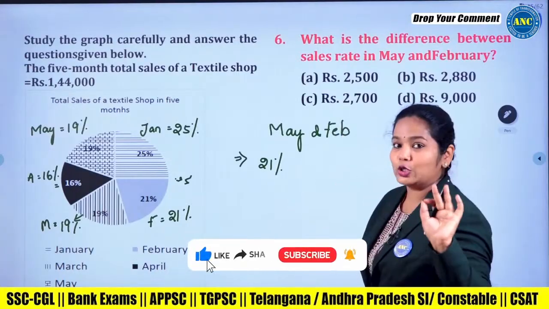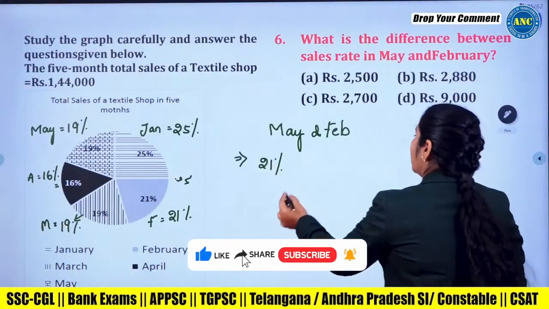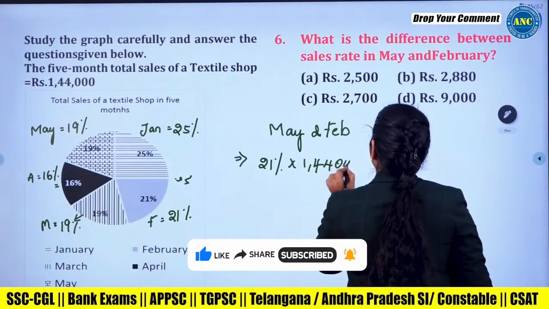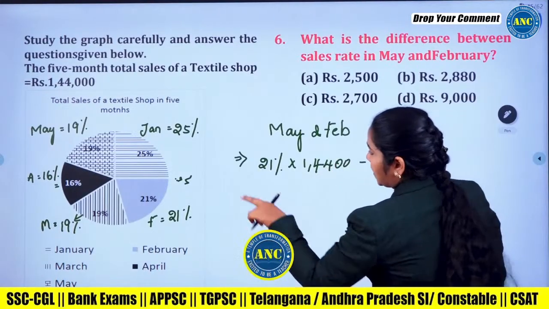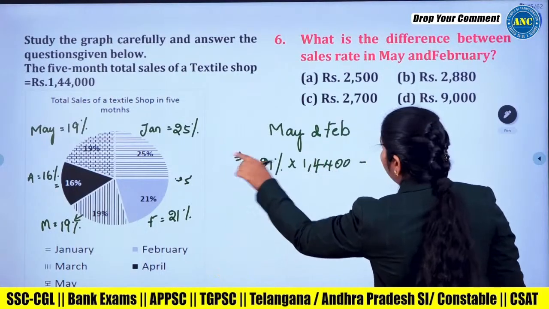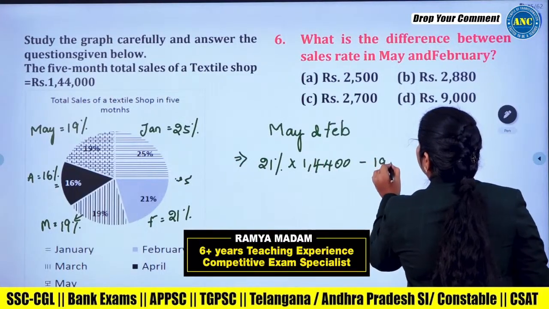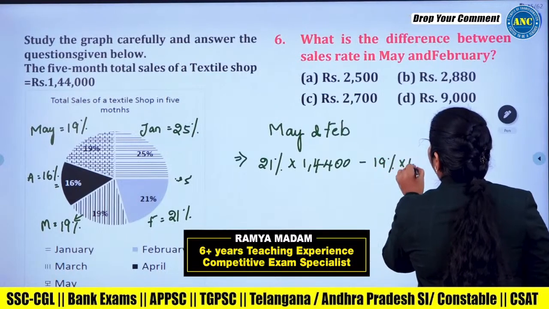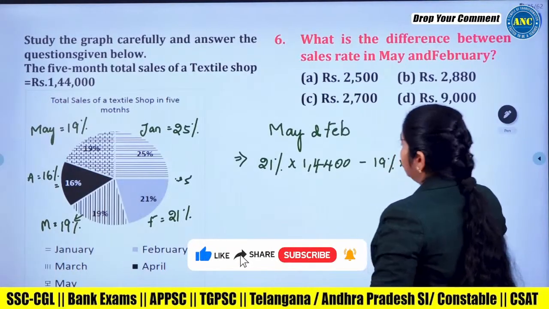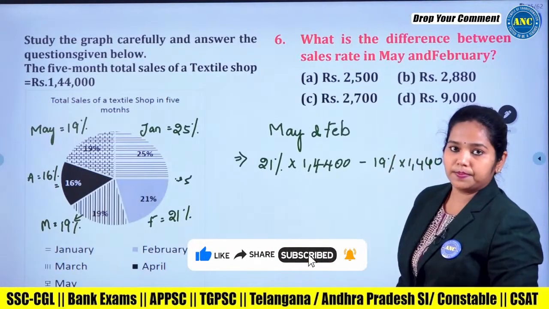Not you, those who did not practice. 21 into 1,44,000 minus May, 19% into 1,44,000. Yes, this is how you take the difference.